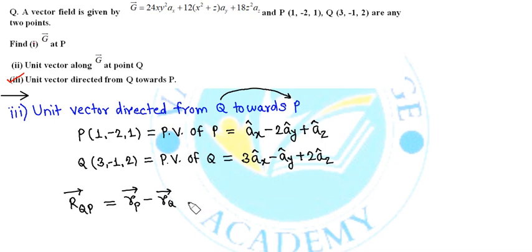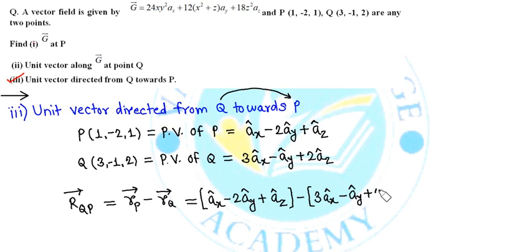Now what do we have for that vector RP? We have the position vector RP to be ax cap minus 2 ay cap plus az cap, and we have to subtract the position vector for point Q, that is 3ax cap minus ay cap plus 2 az cap.